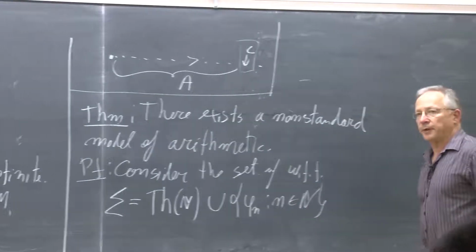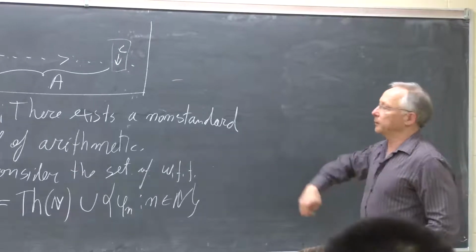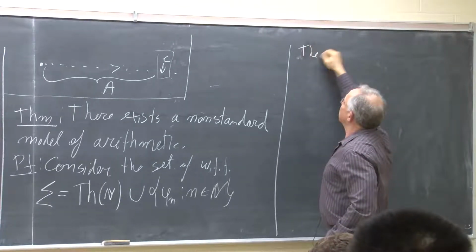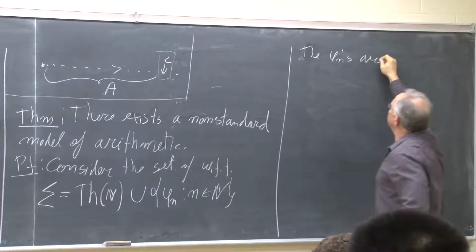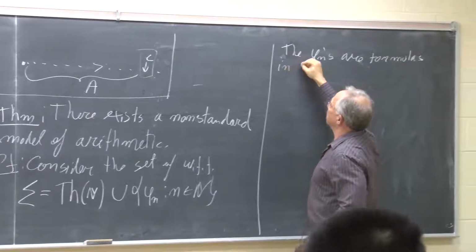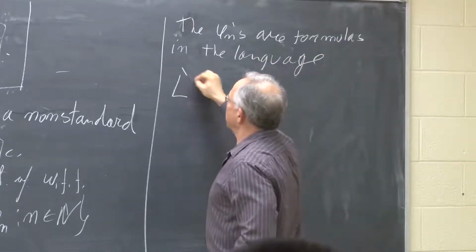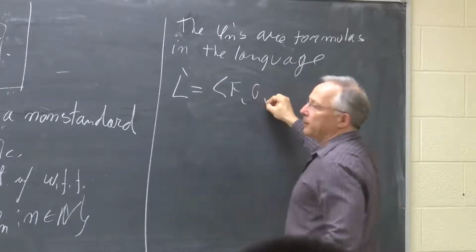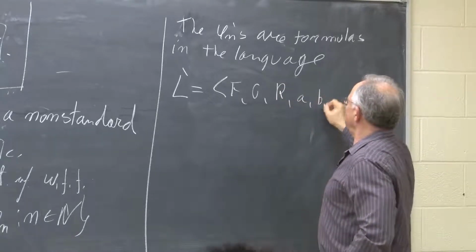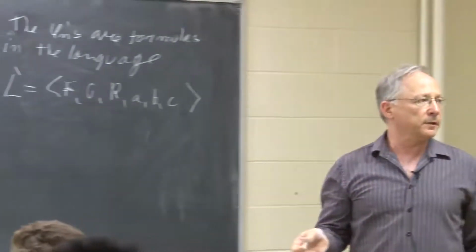And now I have to define those formulas phi n. And those phi n's are going to be formulas in an extended language, L prime, which is the same as L. I have my F, I have my G, I have my R, and I have A and B, and now I add C. So I extend my language by adding to the language one more constant symbol.